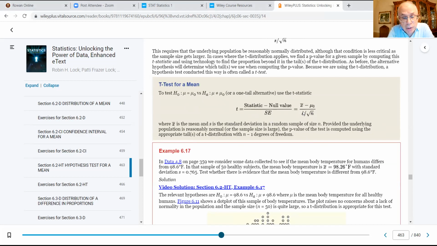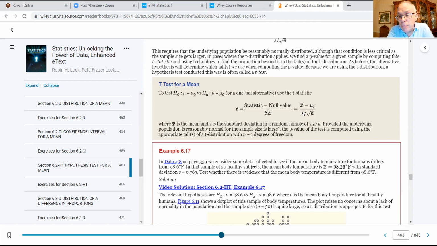Once we have the t statistic, to calculate the p-value, what's going to change now is that instead of normal CDF, we're going to use t-CDF. And by the way, those of you who have the 83 calculator, you do have t-CDF, so it's not something that needed to be added to your calculator.